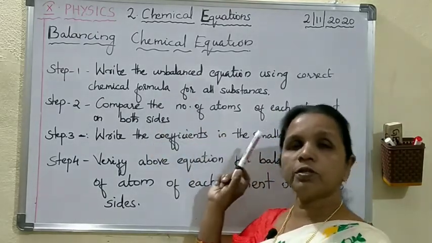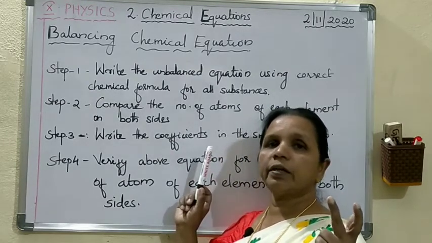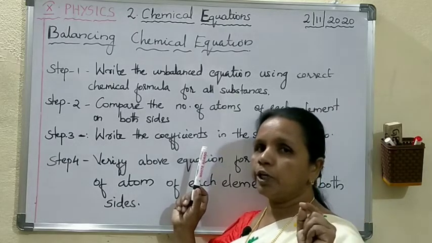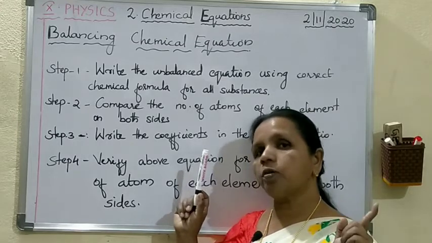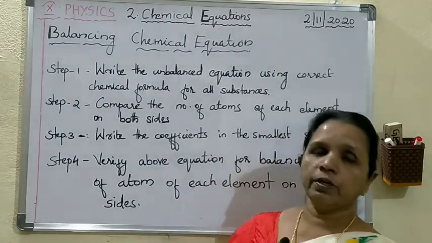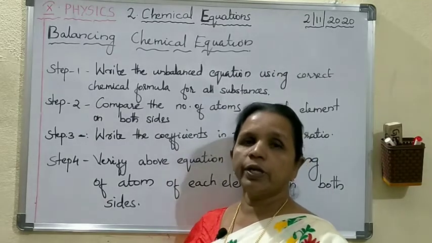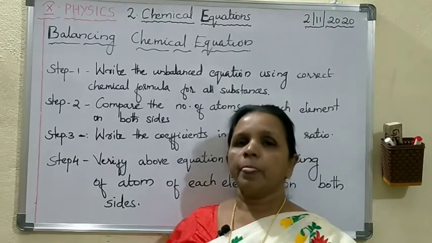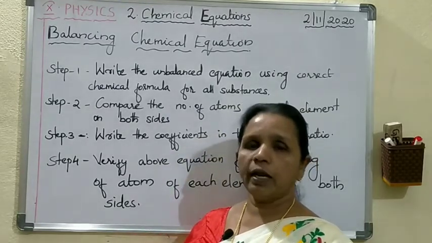Chemical formula means monoatomic elements are there, diatomic elements are there, triatomic elements are there. We studied already. Monoatomic means in a molecule only one atom is present, so it is called a monoatomic element. Example, sodium having only 1 atom in its molecule, therefore sodium is a monoatomic element.